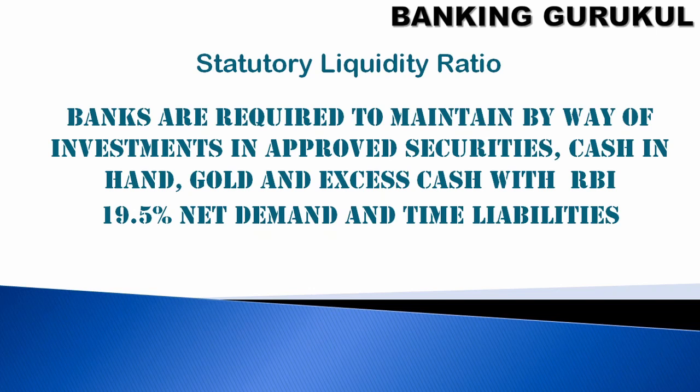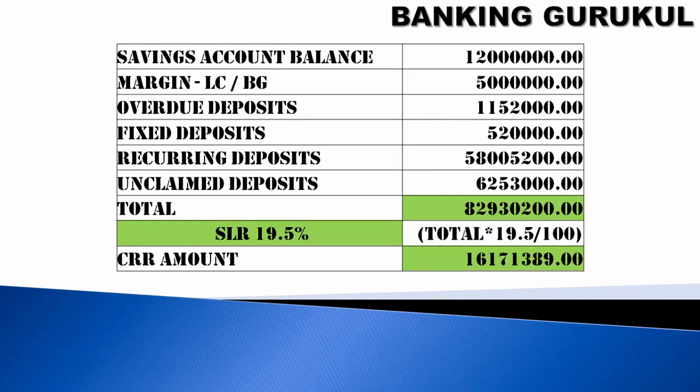We have already discussed the components for CRR. In the same way, SLR also has components. These components are the same: savings balance, margin and overdue deposits, fixed deposits. In this calculation I have the same deposits, and 4% I have already kept in the RBI current account for the CRR calculation.